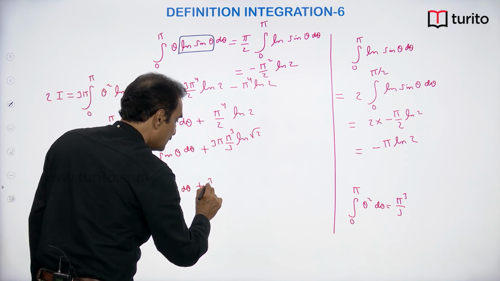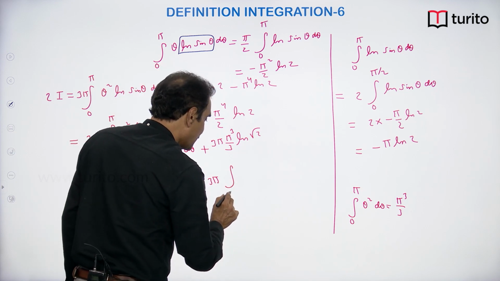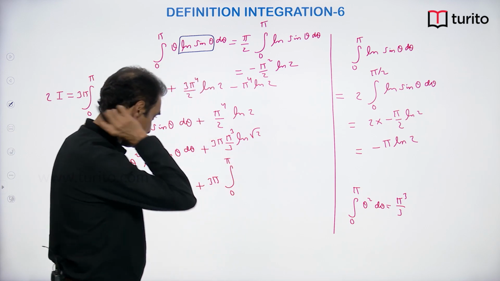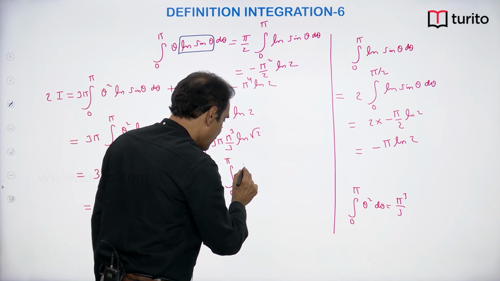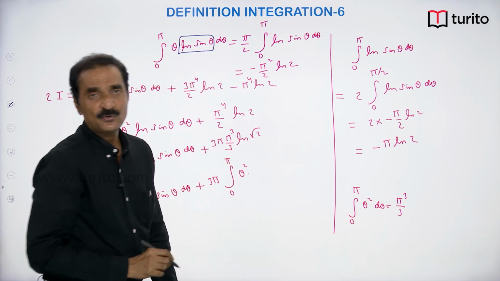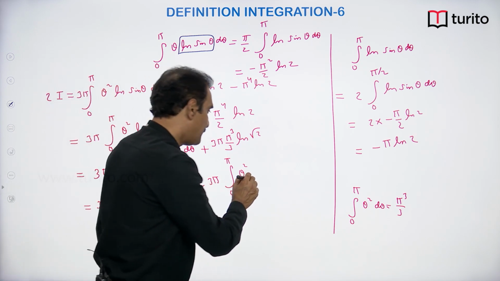Here, take 3 pi, separate 3 pi, remaining can be written as integral 0 to pi, theta cube by 3 is integral 0 to pi theta square. Since log root 2 is a constant, we can keep it inside or outside. I will keep it inside.